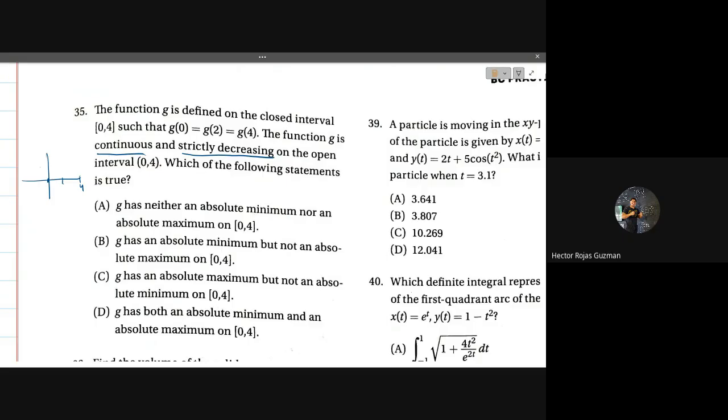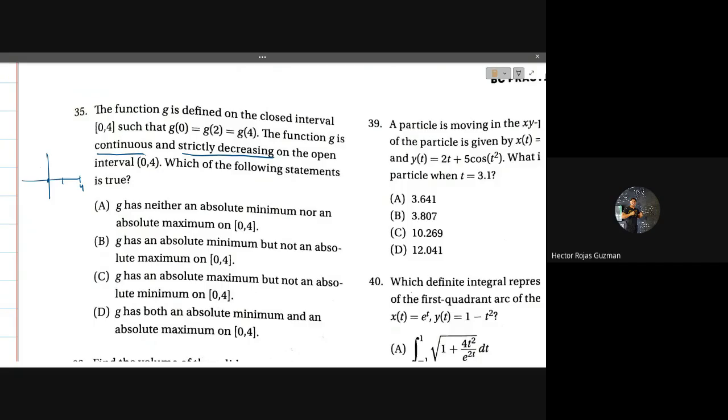However you want to draw it, you can draw it concave down, you can draw it concave up, you can draw it linear. It doesn't matter, but it has to be decreasing. And it's kind of tricky because they say g of 0 is equal to g of 2, and it's equal to g of 4. How in the heck is that going to happen if it's decreasing? And it's continuous.